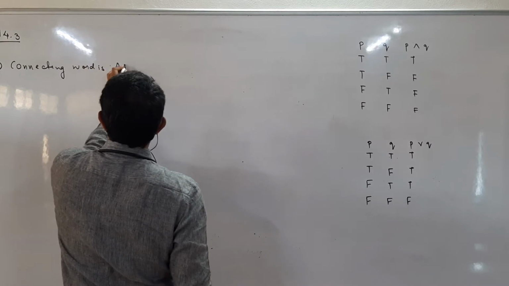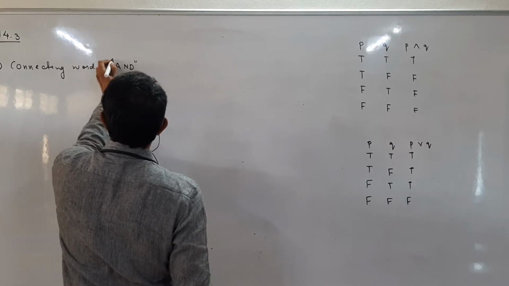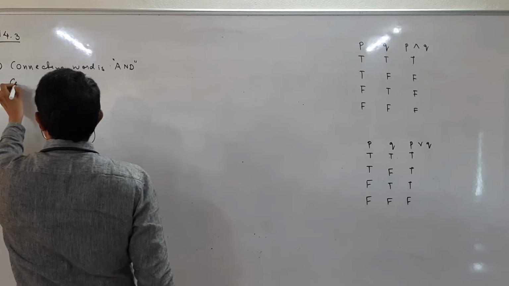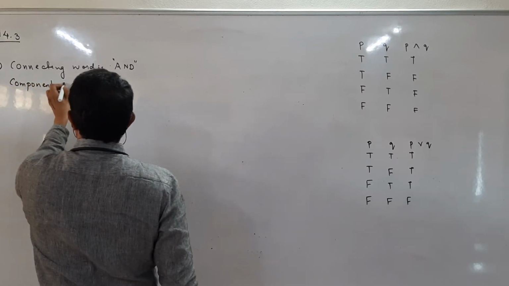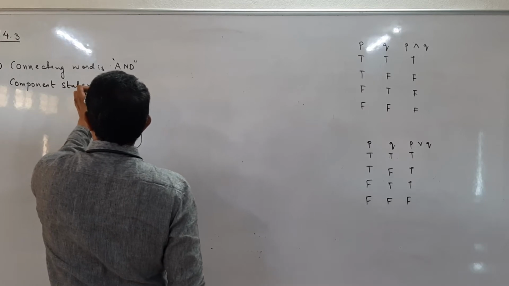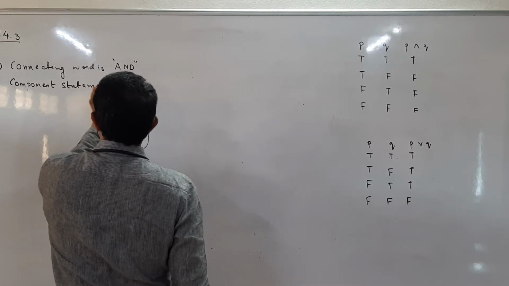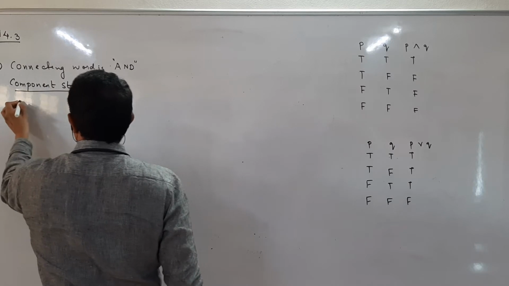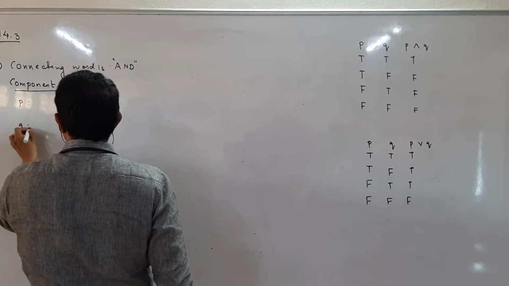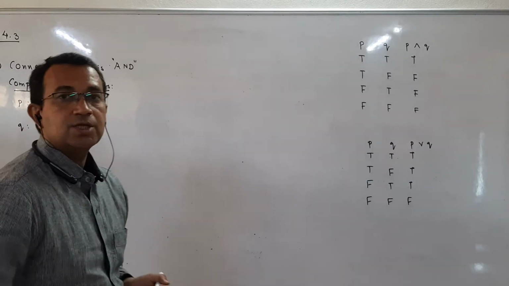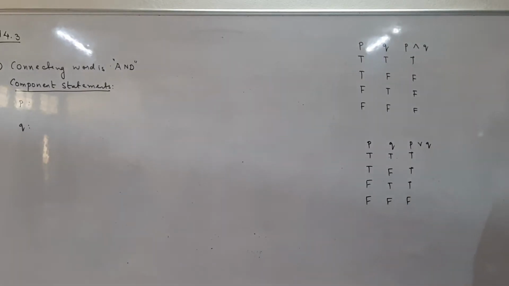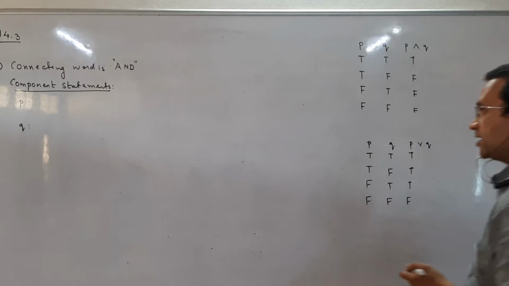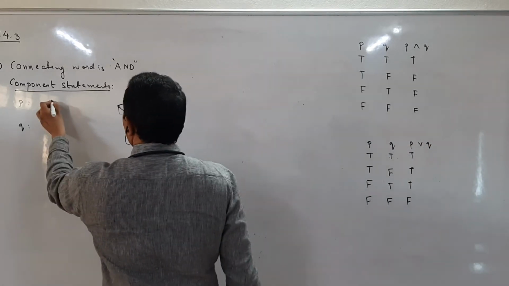And let us write the component statements. First is P and, students, second is Q. Now the statement P will be like this: all rational numbers are real.